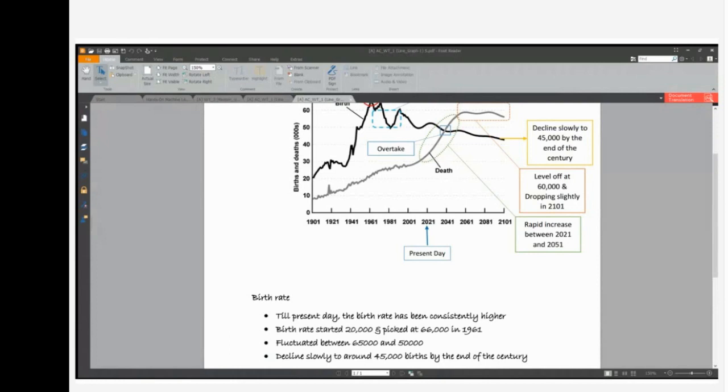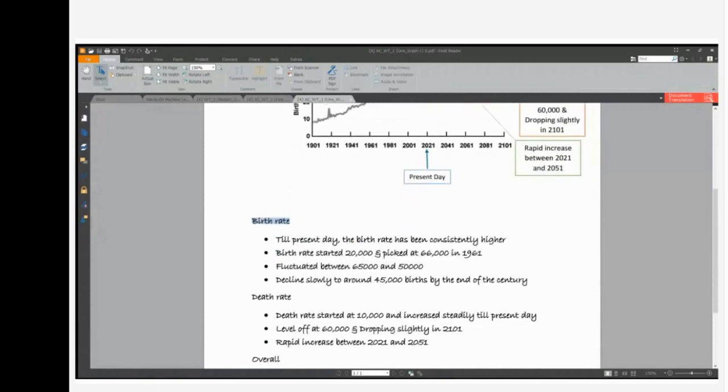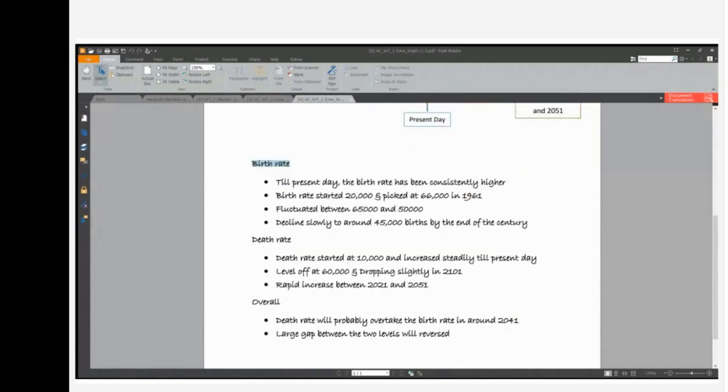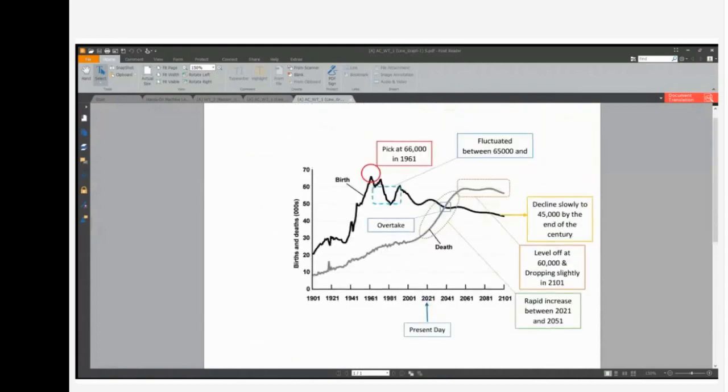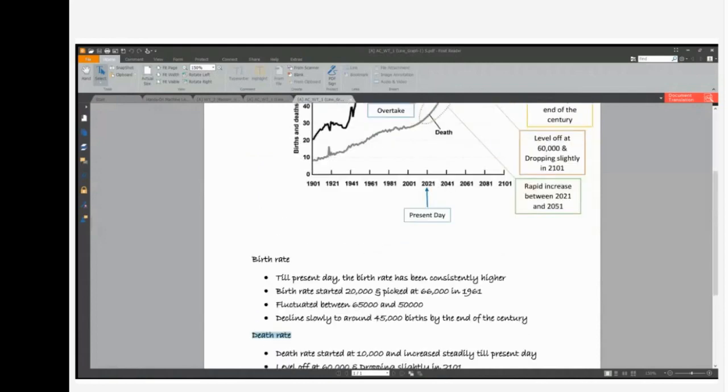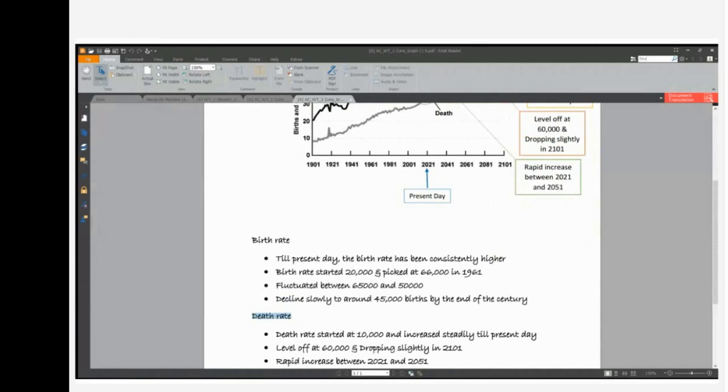So once we are done with the birth rate, then we're going to discuss the death rate. Now, as we have found in the picture, as we have described already, we can say the death rate started at 10,000 and increased steadily till the present day, as you can see.